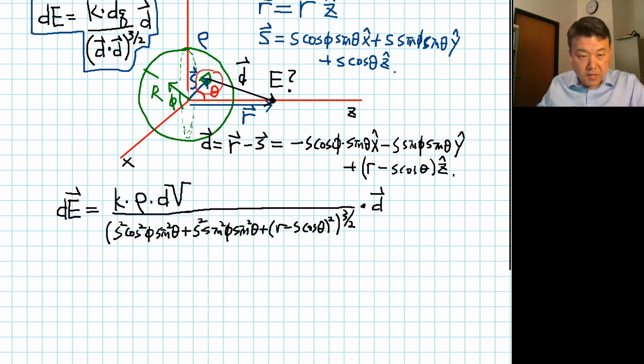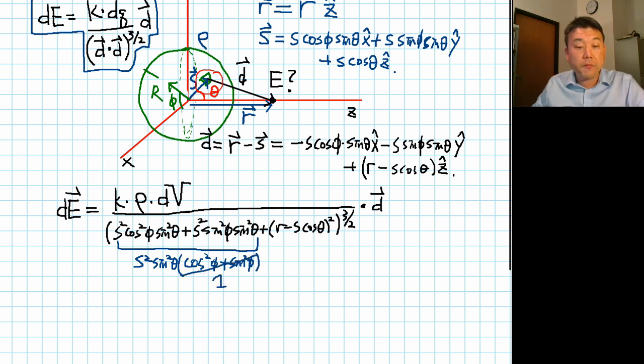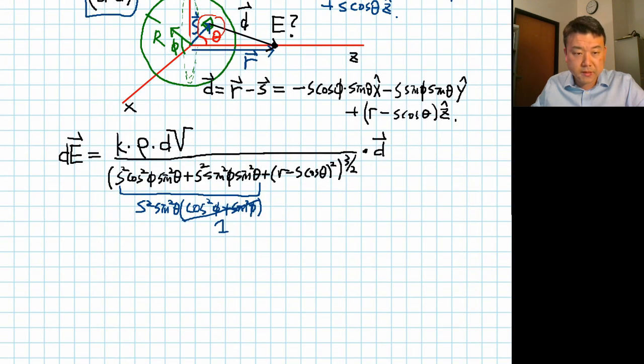So this would simplify into s squared sine squared theta times cosine squared phi plus sine squared phi, and this is just 1. So I can combine the x and y components here and get a simpler term. I can leave it at that point for now, and I'll come back to the rest.